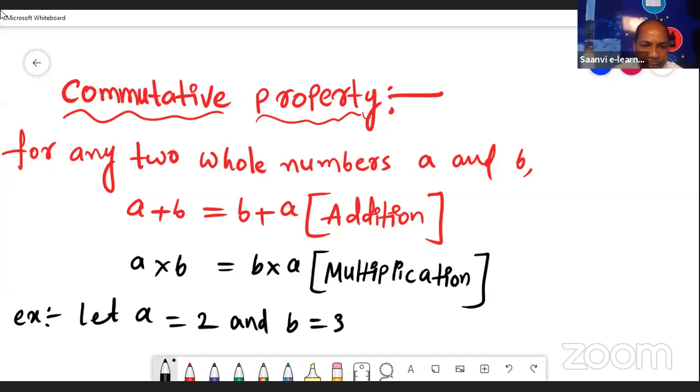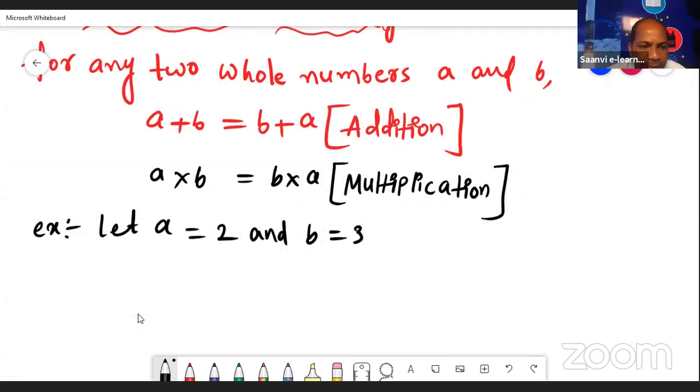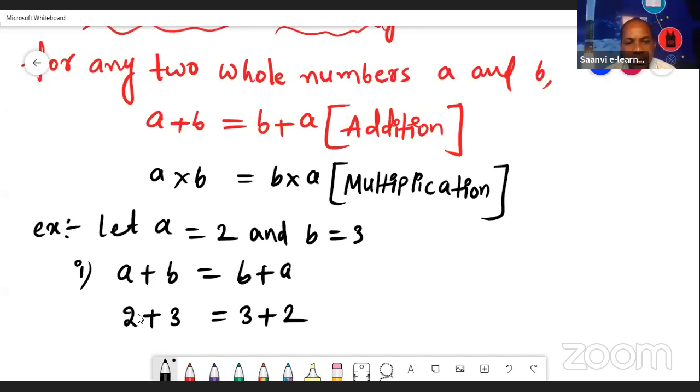First of all, we are checking a plus b is equal to b plus a. So a plus b, a value 2 plus b value 3, is equal to b plus a, b value 3 and a value 2. So here we get 2 plus 3 is equal to 5 and also 3 plus 2 is equal to 5.